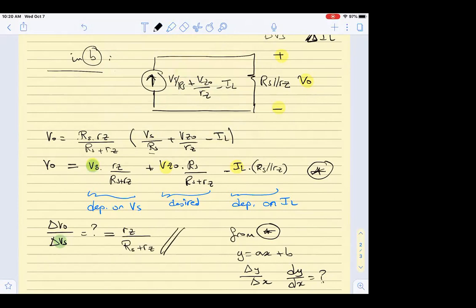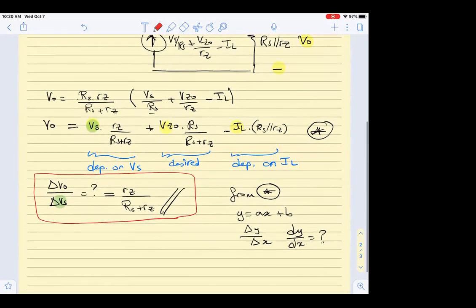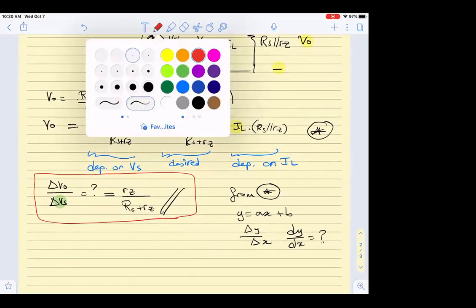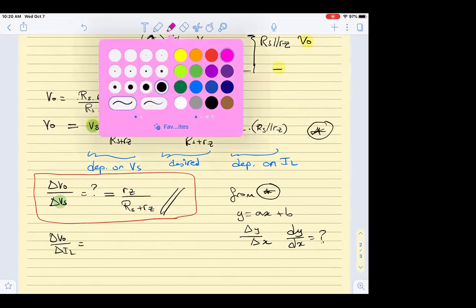So it is RZ over RS plus RZ. This is the first quantity that we derived. Meaning if I put the diode in shunt with a source that fluctuates, this is the sensitivity of the signal. Excellent. But the other quantity that we want to derive is del VO by del IL. What is it equal to? For this, we look back at the linear equation.